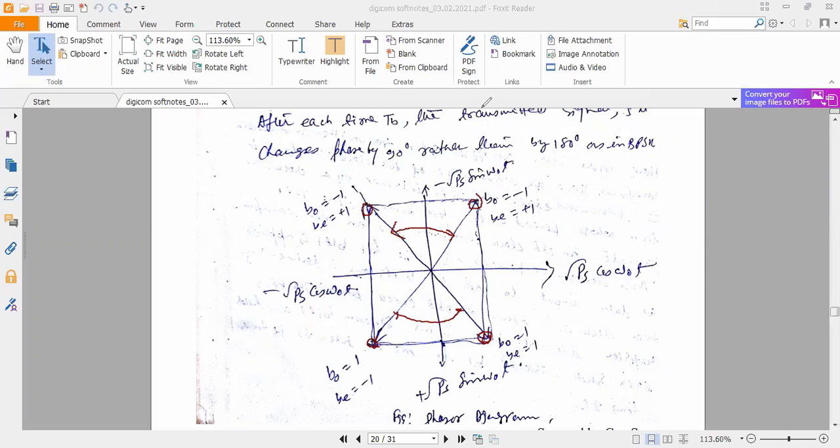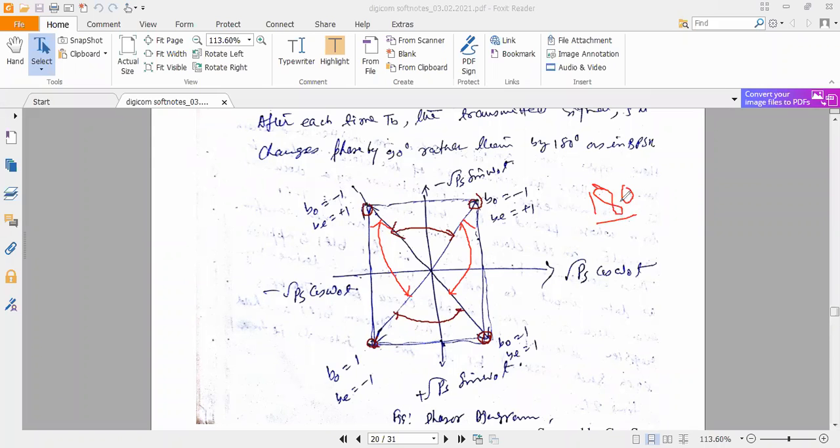And this to this, again 90. Between any two phasors, or here also 90. But in the case of BPSK, there was only 180 degree phase shift because there were 0 and 1, two possible outcomes.